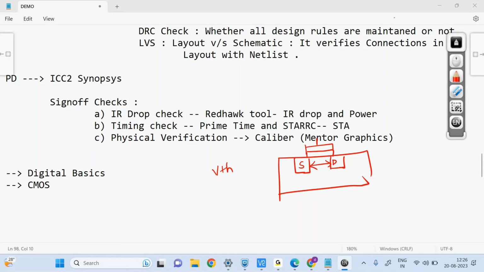But in lower technology, even without applying gate voltage, if I apply drain voltage, I can easily pull electrons from source to drain, because source and drain are very close.